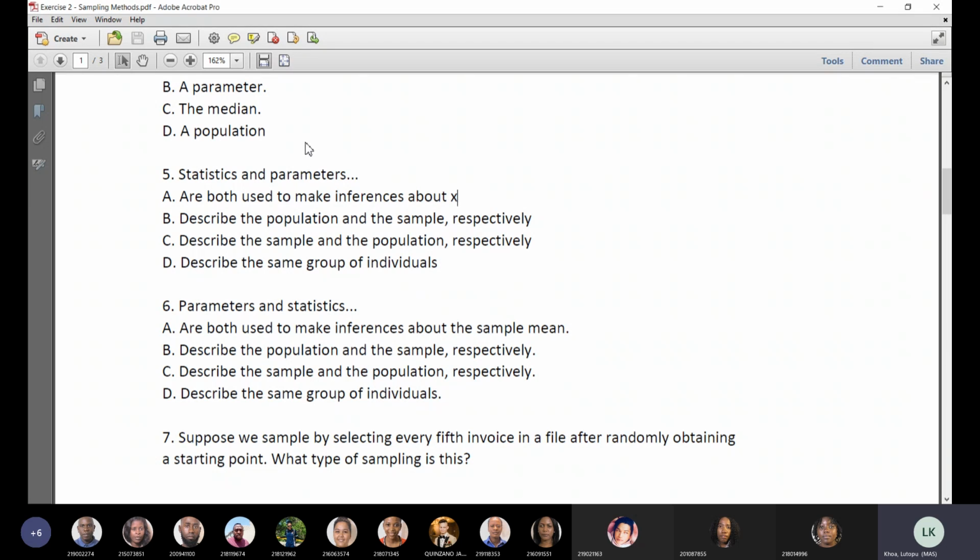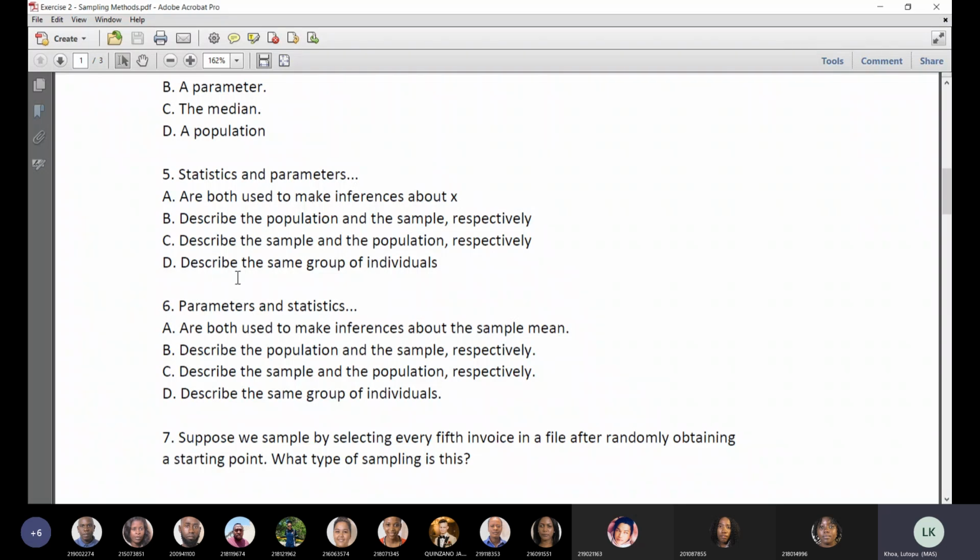If I know the average age of all NUS students, I don't need to make any inferences, because we make inferences from a sample to a population. We take a small group and then we extend it to everybody. That's why we use statistics. So if I know the parameter already, I don't need to make any inferences. So here it's not A.